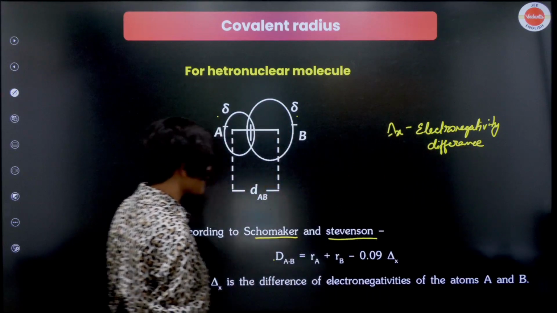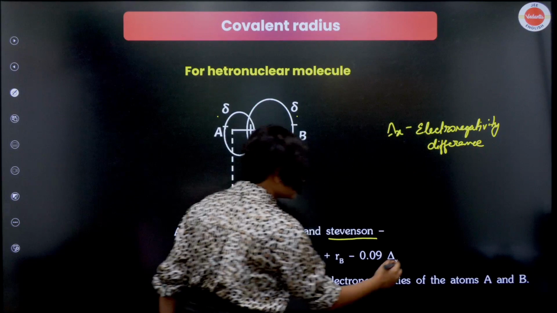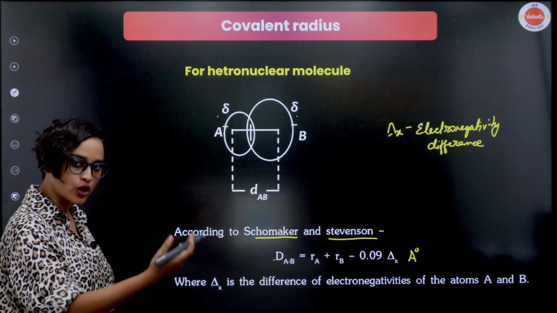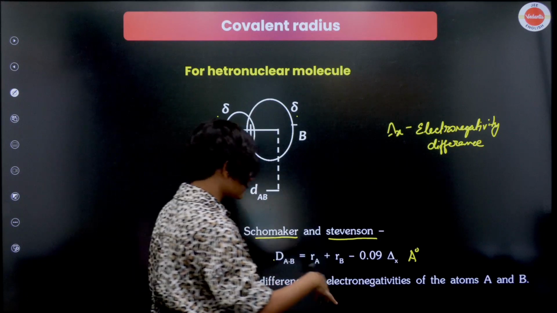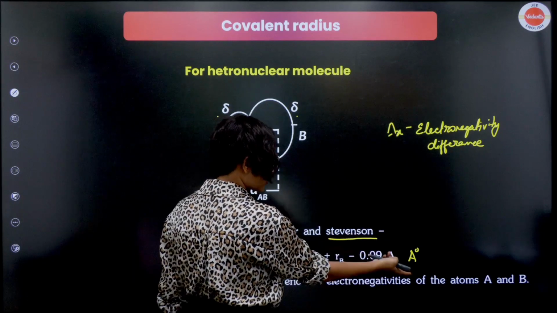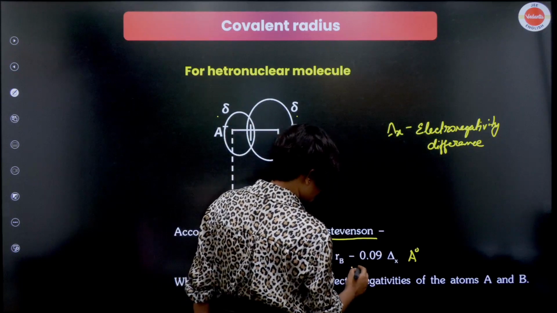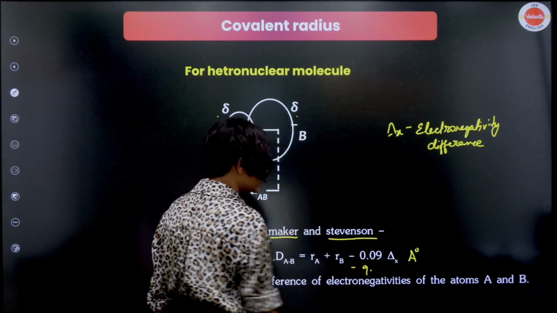Got it? Now this is in angstrom. If you want it in something else, then you will have to keep it as minus 9.